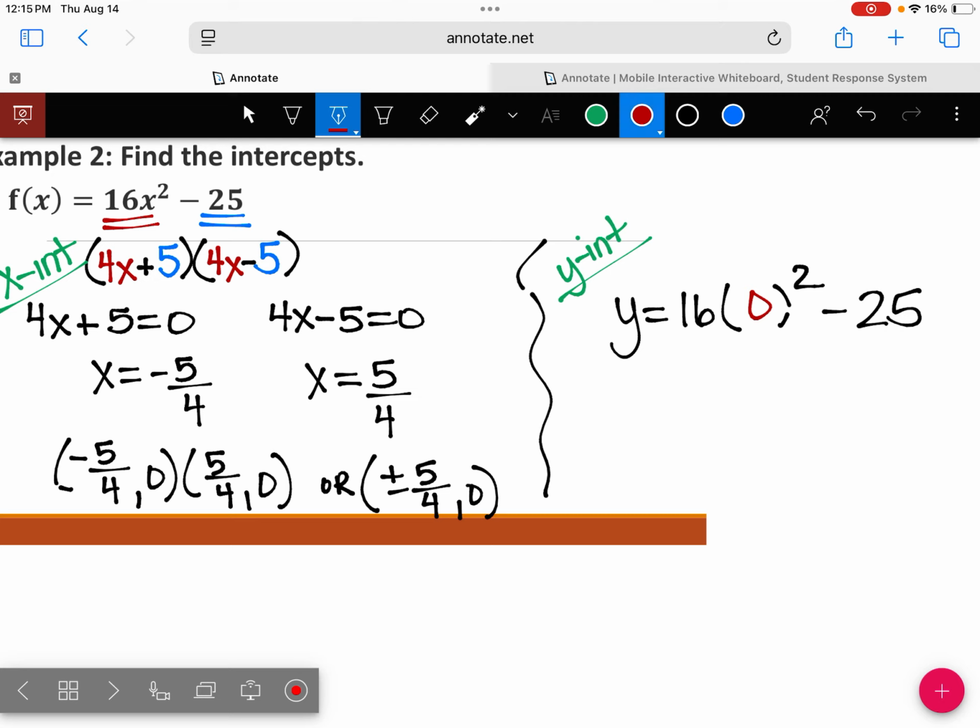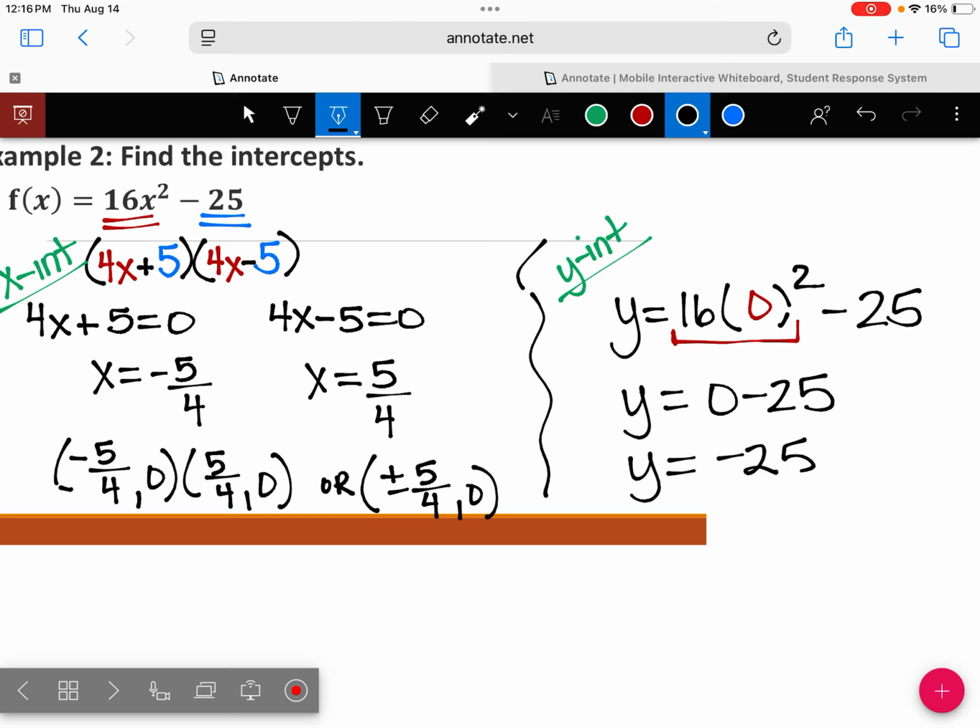So this whole thing is going to change to a 0. So I have y equals 0 minus 25, which means that y equals negative 25. So my y-intercept is at 0, negative 25.